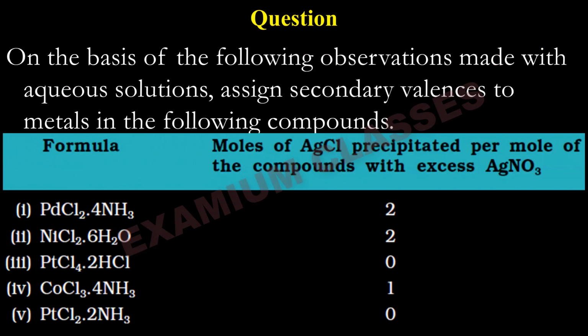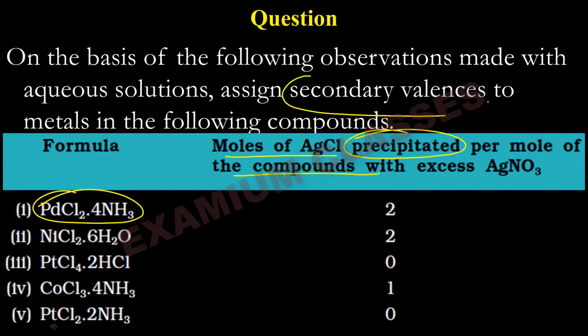Now the question, and I need an answer from you. Here what is given is a compound, and with this compound, moles of AgCl precipitated per mole of the compound with excess of AgNO3, which means AgNO3 is sufficient. Whatever amount you need, you need to tell the secondary valence.